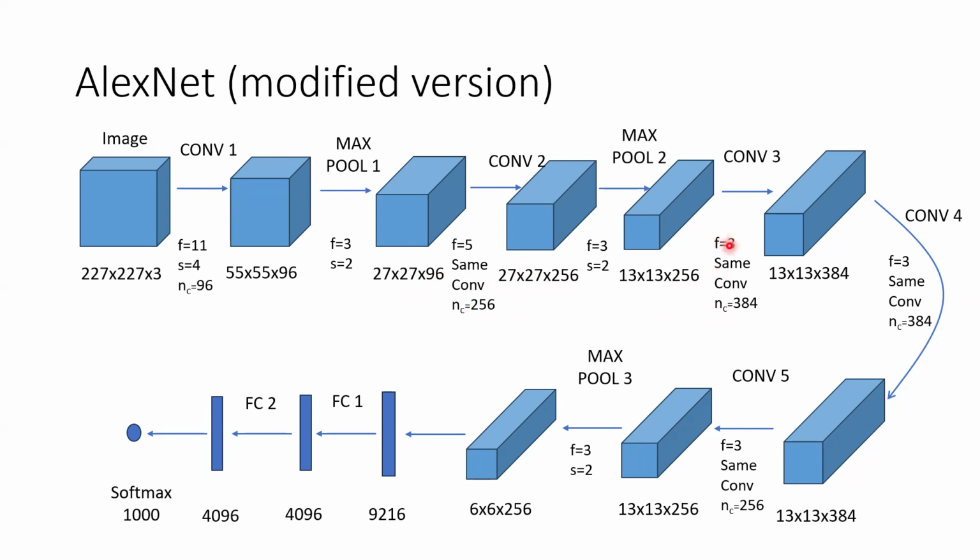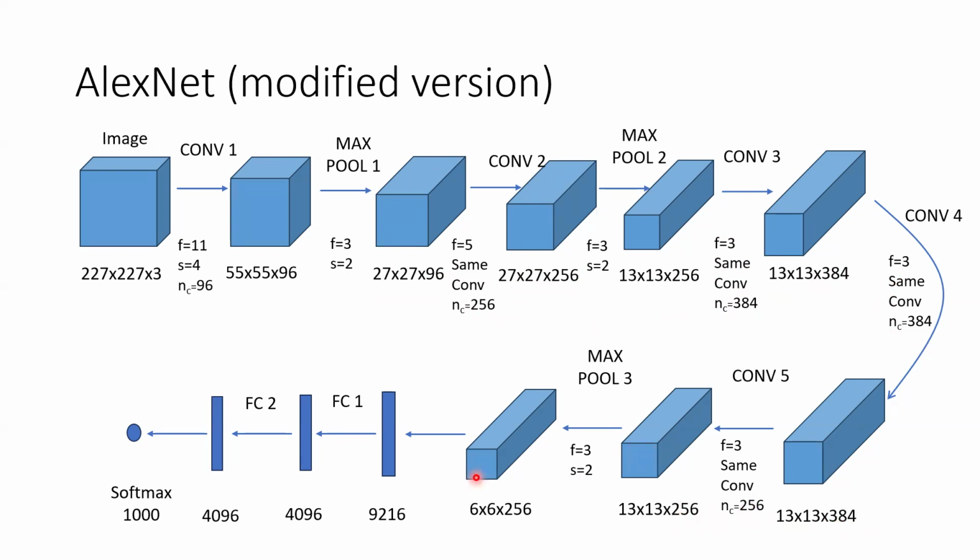And the same convolution is applied. It means the 13 by 13 remains the same, but because we have used 384 filters, the depth increased. Earlier it was 256, right? Again, the same convolution is applied, and then same convolution is applied again, and the depth is reduced from 384 to 256.